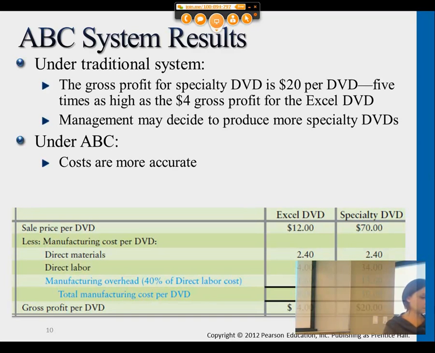So I know that my manufacturing cost is $8. Okay, so my gross profit per DVD is $4. How did I get $4? Sale price minus your manufacturing cost. Okay, same is true for specialty DVD.